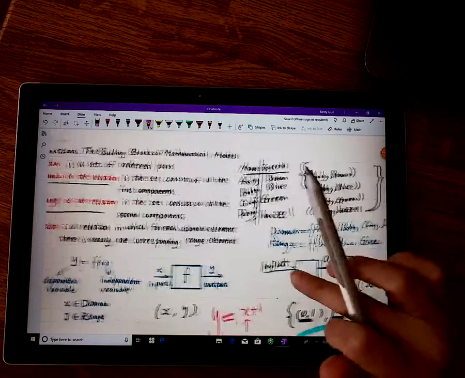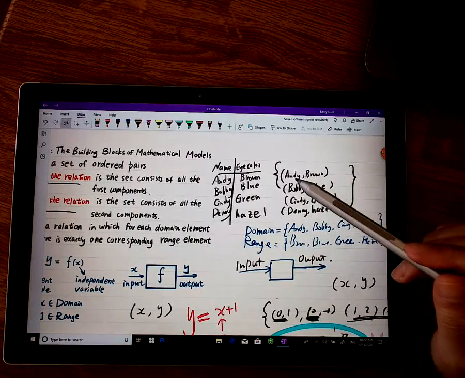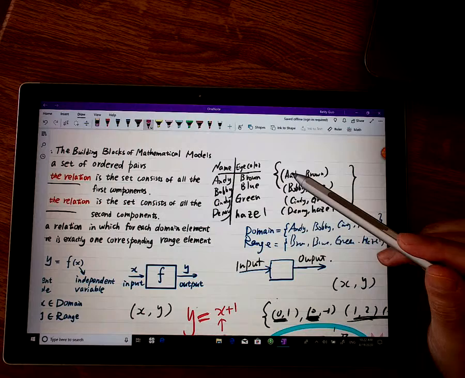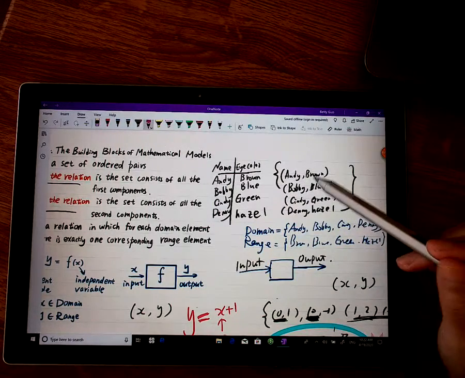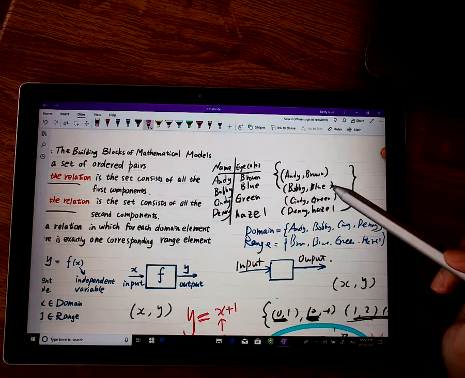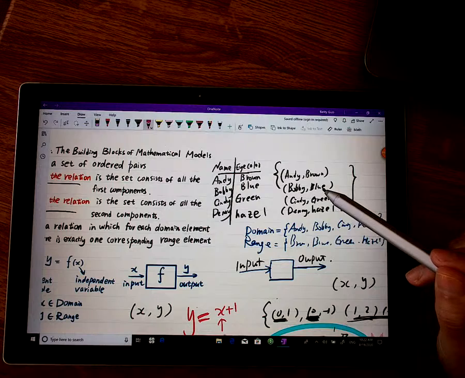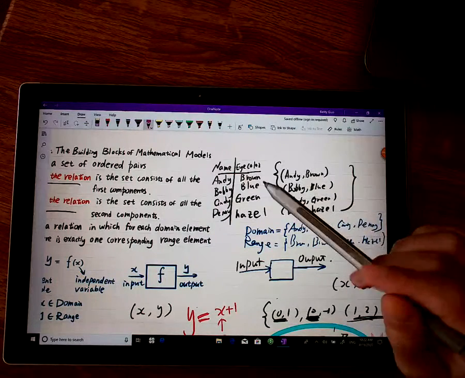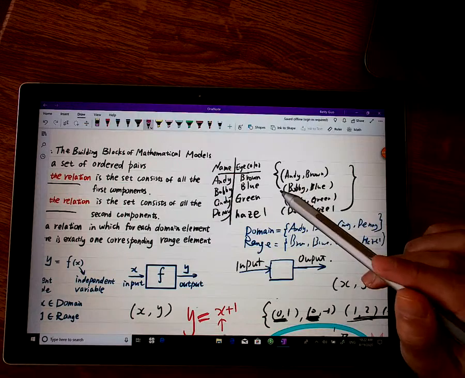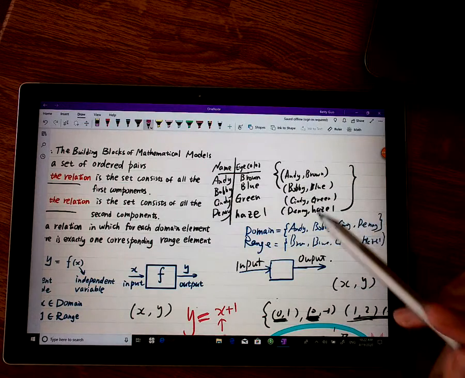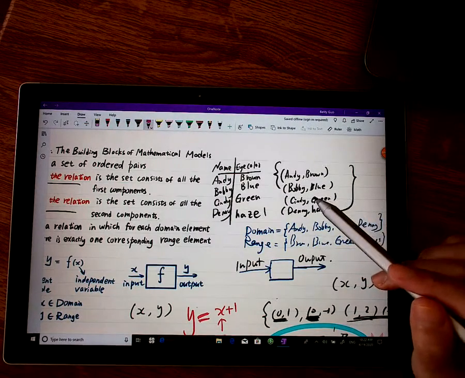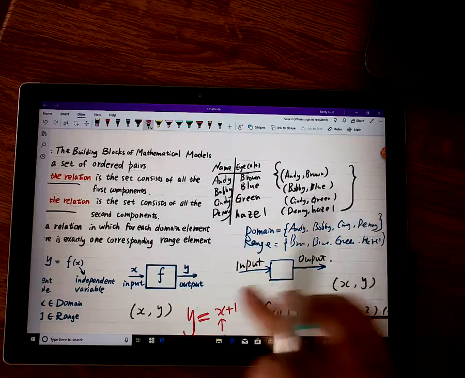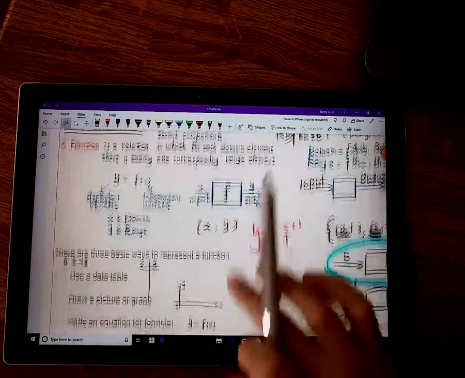But you can tell it is a function as well, because for any given domain element, for any person, there's only one eye color. I didn't see anyone has two different eye colors. I see cats, but not human beings, right? So this is a function. For any domain element, there's only one range element. For each person, there's only one eye color. So that is a table.